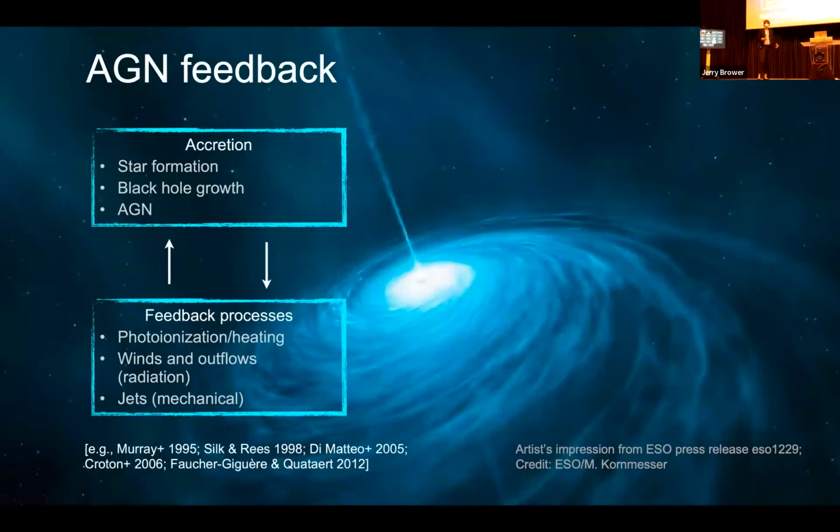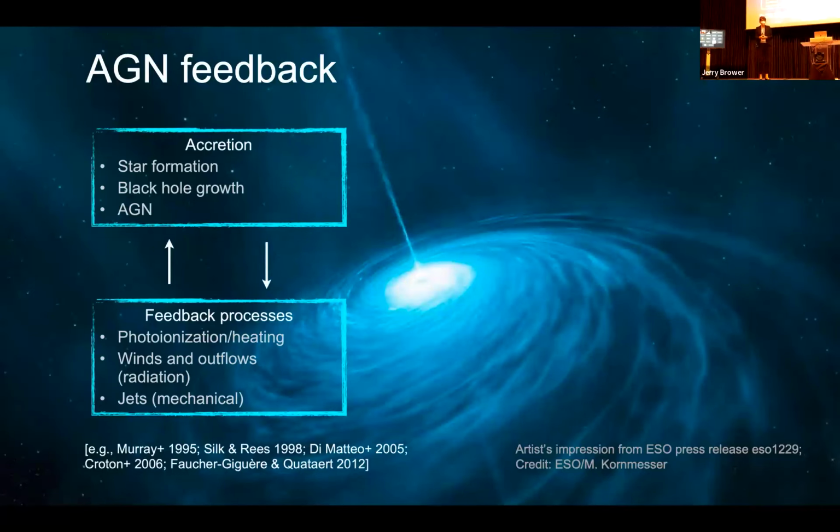It's basically the cycle you have in a galaxy driven by accretion from the galaxy onto the supermassive black hole, which could then trigger star formation, grow the black hole, but also ignite an AGN, for example, basically through the conversion of mass into energy. And this energy release in turn can have an effect back on the host galaxy, and the primary processes discussed here are photoionization and heating of the interstellar medium in the galaxy.